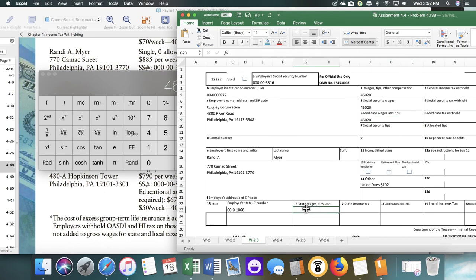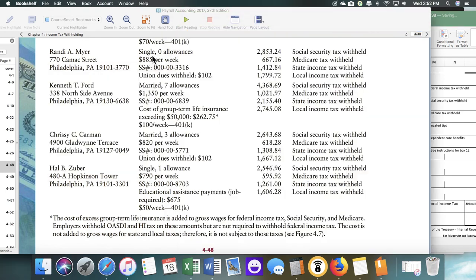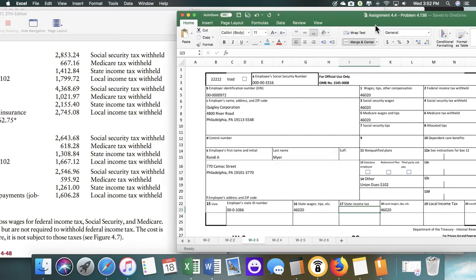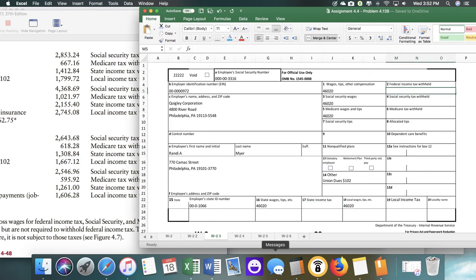It's just going to be whatever you calculate by taking her weekly salary times 52. Then we have taxes. And those are just going to be straightforward, nothing special.